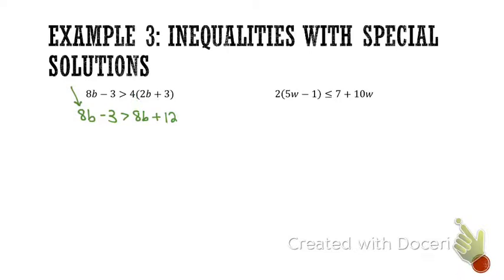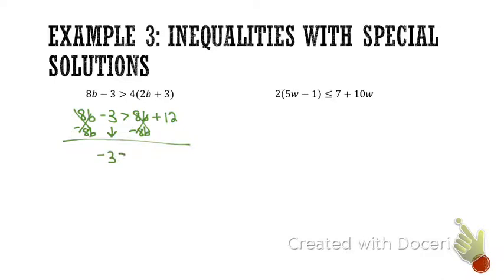So remember in the last example, I'm trying to figure out which one's smaller, right? Well, if they're both 8b, neither one is smaller. So when you try to move it to the other side, what happens? Yeah, it cancels here, but it also cancels here. So when the variables cancel on both sides, what is left?